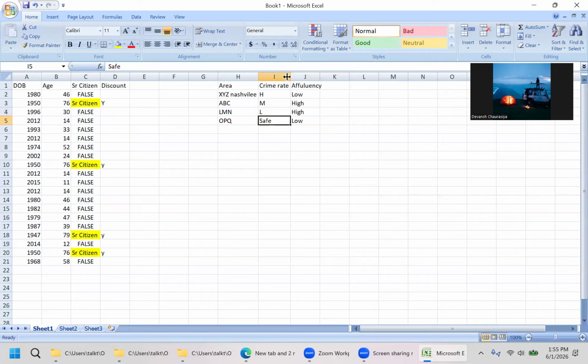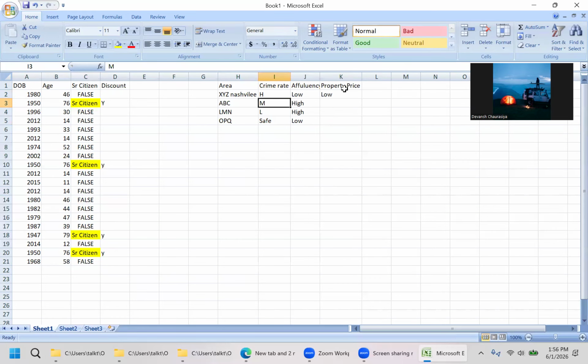Now, I want to price my property. You see how I'm going to extract the feature from the data is how I'm going to use it. One is the crime rate is high, and the affluence of the households there is low, so of course the property prices will be low.